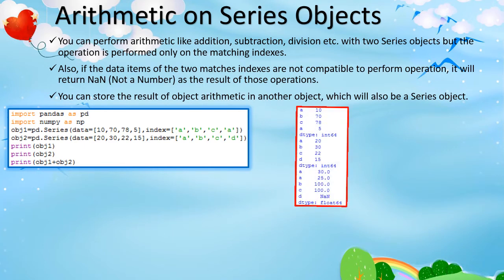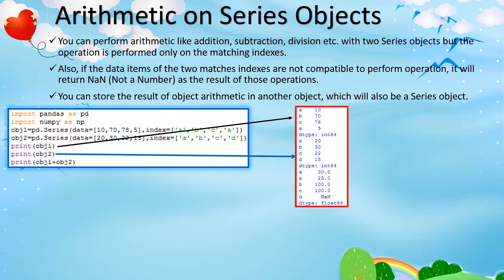So see here, there are two series objects, object 1 and object 2, printed. Next we are going to add those values. Object 1 index labels are A, B, C, A. Object 2 index labels are A, B, C, D. So the unmatched index D returns the value not a number.